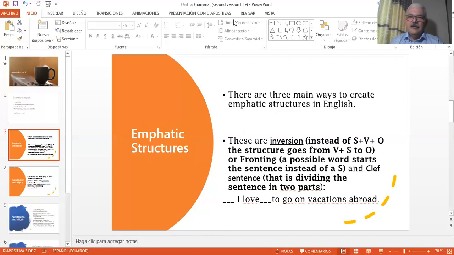As you may say, there are many emphatic structures that involve cleft sentences. And cleft means divided or split into two different parts, as I explained.